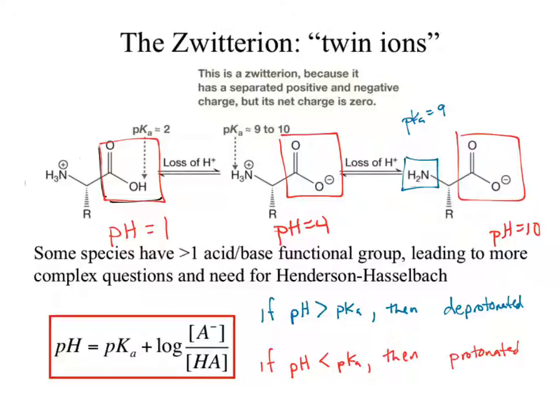We're in the deprotonated state. So when we draw an amine, we're typically drawing the neutral structure. What we have to be aware of is what its protonation and deprotonation states are. The deprotonated state is the neutral one. The protonated state is the charged one.